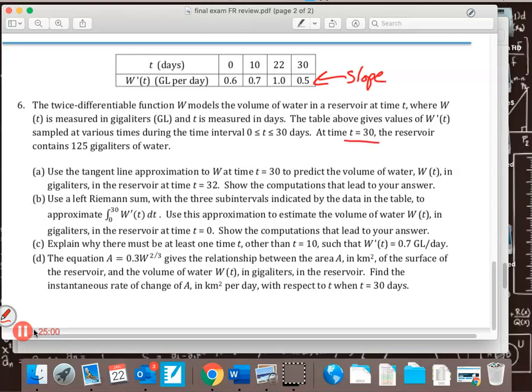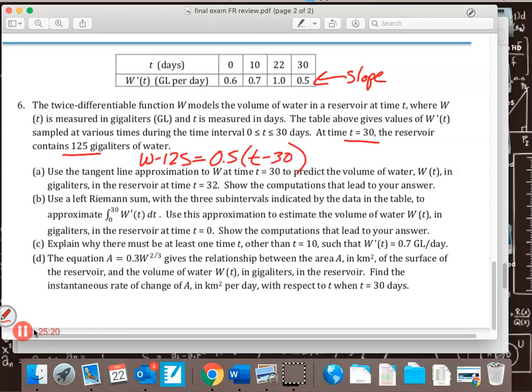And then that's your point, right? So your answer would be, I don't know if you use Y or W. So W minus 125 equals 0.5 times T minus 30, something along those lines.